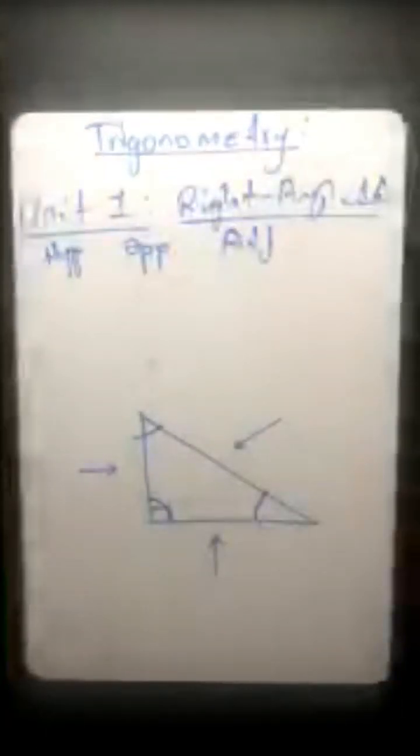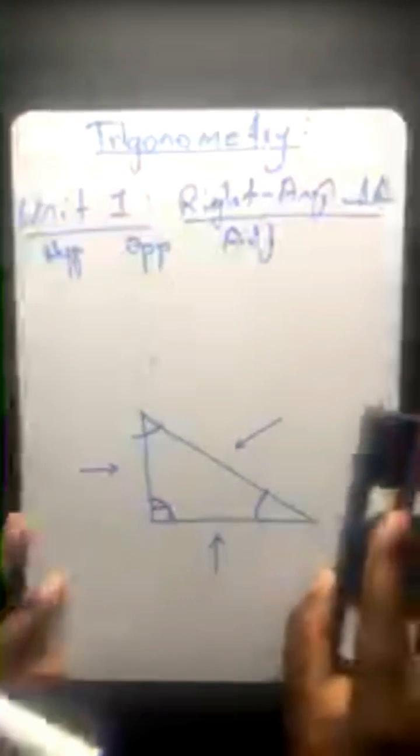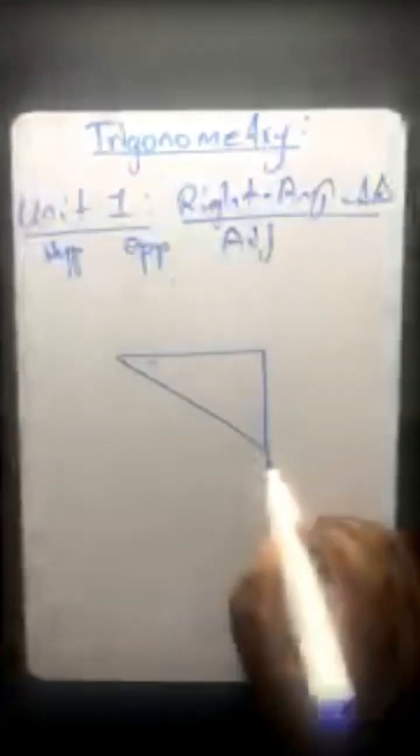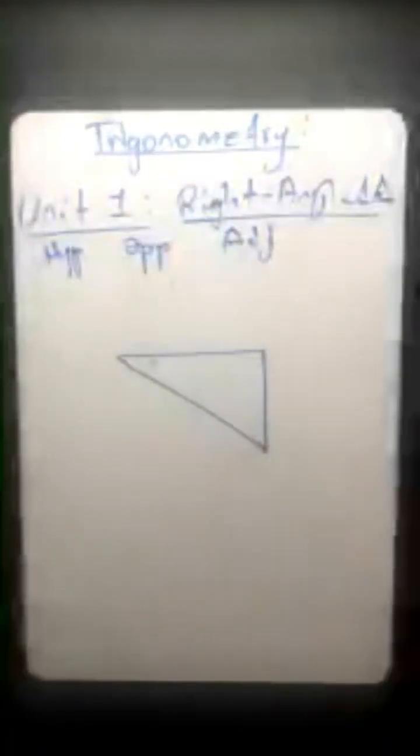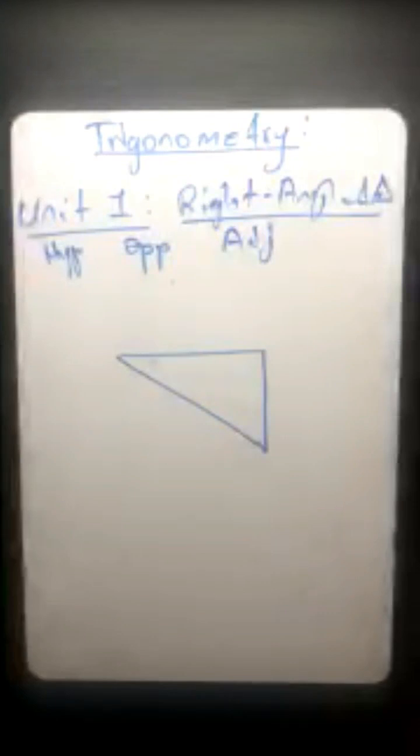Remember, this was just an introduction in preparation for exam questions. If you remember, I said this is just a triangle. It's not a right-angled triangle. It is just a triangle having three sides and three angles. Someone might say it looks like a right-angled triangle.